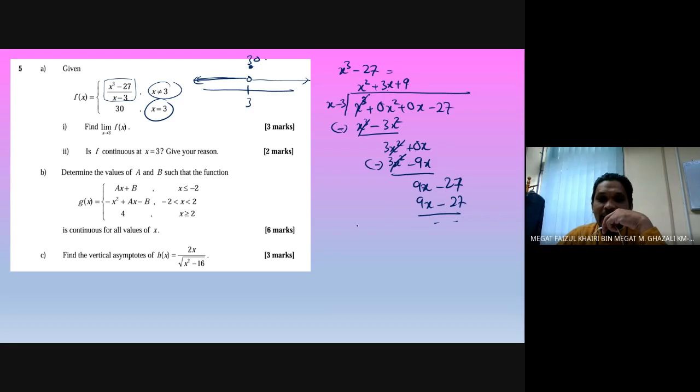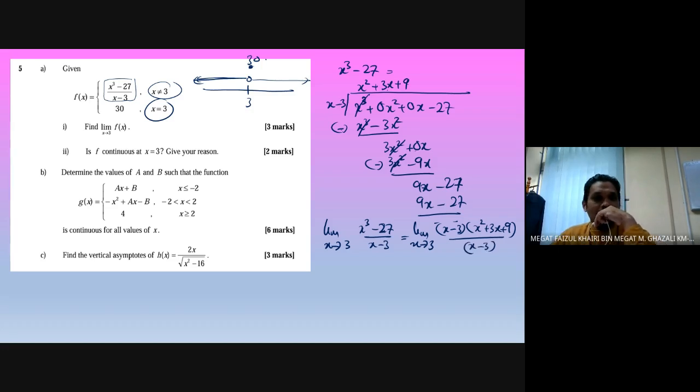Okay, so then the limit of x approaching 3 of x cubed minus 27 divided by x minus 3 is equal to the limit of x approaching 3 of x minus 3 times x squared plus 3x plus 9, divided by x minus 3.